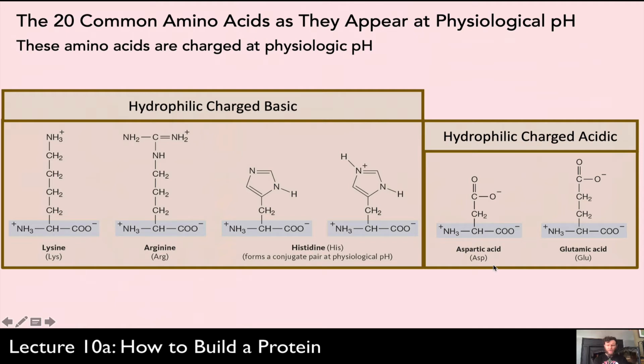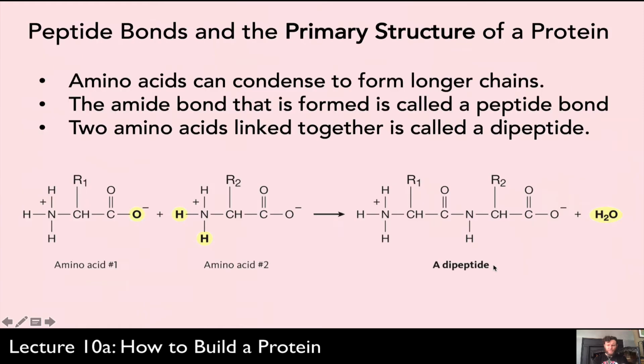Actually, those are shown in their ionized form as the conjugate base. So that would actually be aspartate and glutamate. But those carboxylic acids that you see can remain protonated at different pHs. All right, so those are all the amino acids.